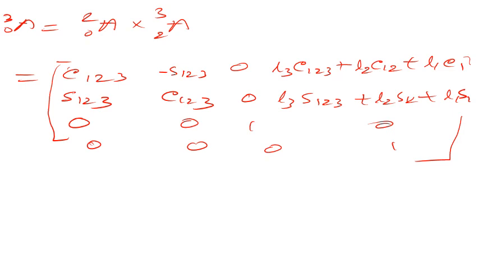Okay, so this is basically X, this is Y, this is Z. So now we can write down the X, Y, Z coordinates. X equals L3 C123 plus L2 C12 plus L1 C1.